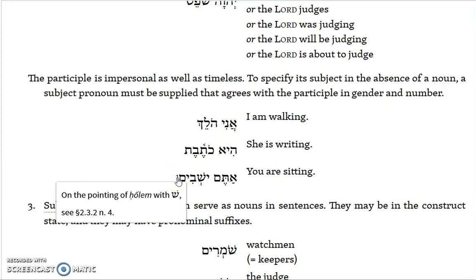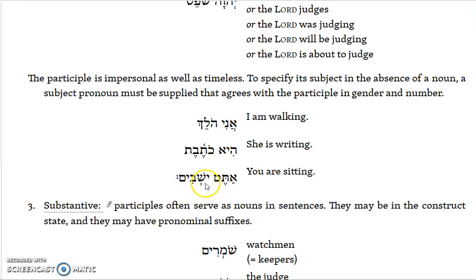And notice, by the way, that when you have a sheen and then you put a holum there, very often they'll let the dot do double duty. And so that is the holum of the vowel, and it's also the dot of the sheen, to distinguish sheen from seen. And since they were running out of space, they just allow them both to blur together in this kind of context.